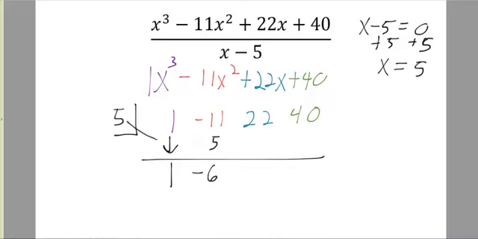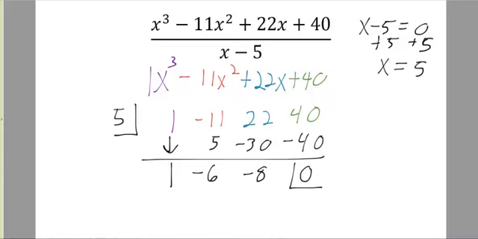And then again, multiply 5 by negative 6, and then put that right there, which is going to be negative 30, which will give me negative 8 when I do 22 plus negative 30. Again, multiplying that 5 by negative 8, which will give me negative 40, which gives me a remainder of 0.